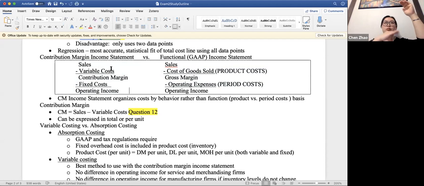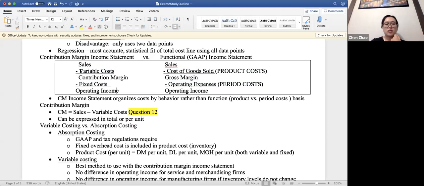On top of the traditional one, which we call a functional income statement, you were told to do a contribution approach income statement, where you differentiate our costs, product cost and period cost, into variable cost and fixed cost, and then sales.